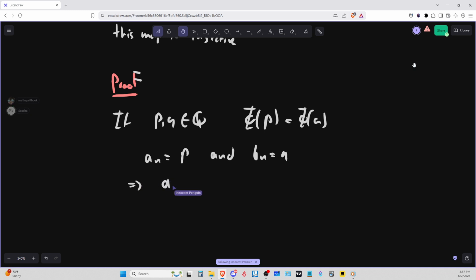It means that a_n minus b_n converges to 0. If we write down what a_n minus b_n is, this is just p minus q. Sorry, I shouldn't write is equal to 0. I should say it converges to 0. My bad.